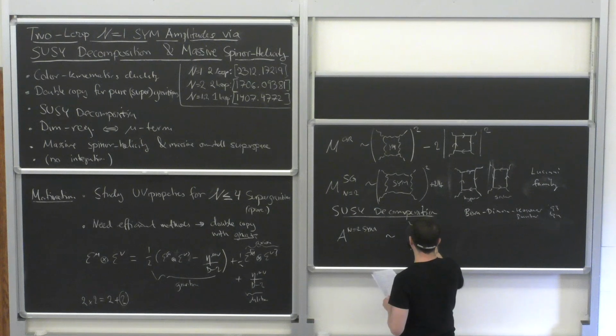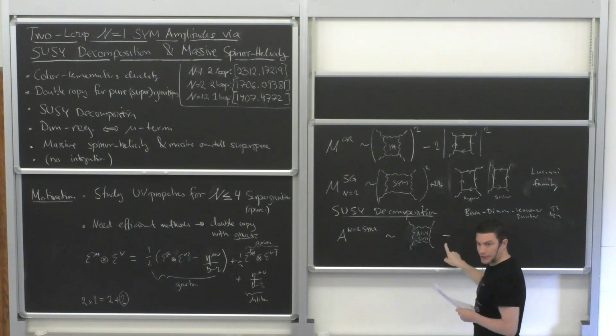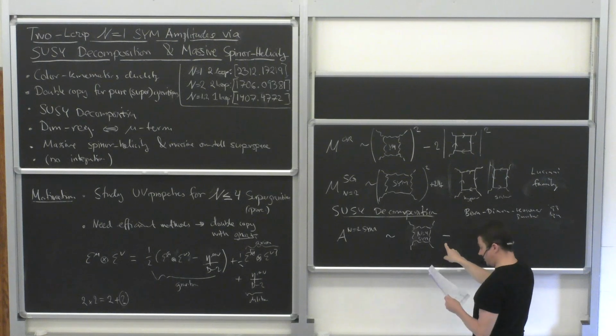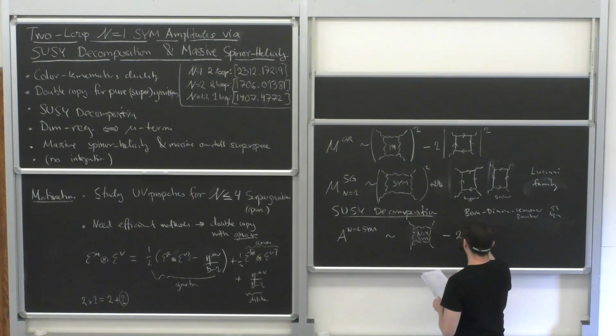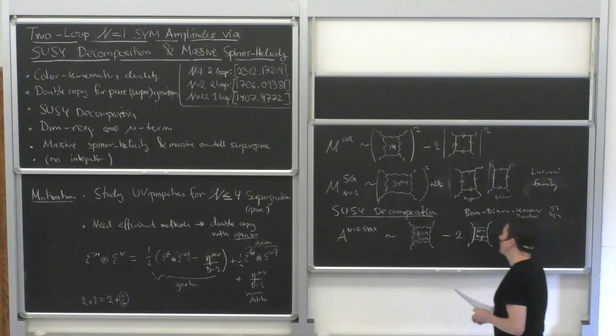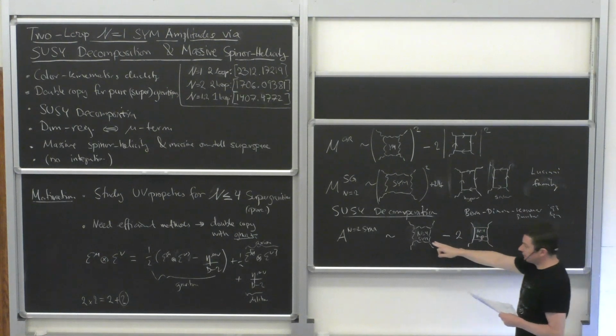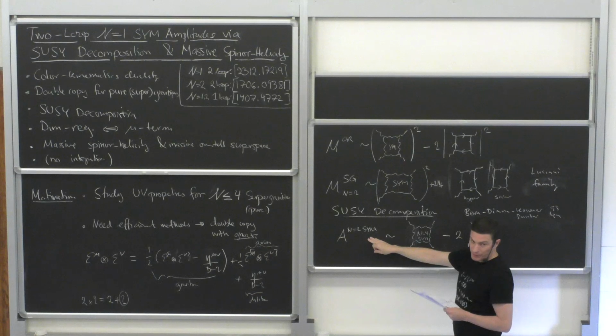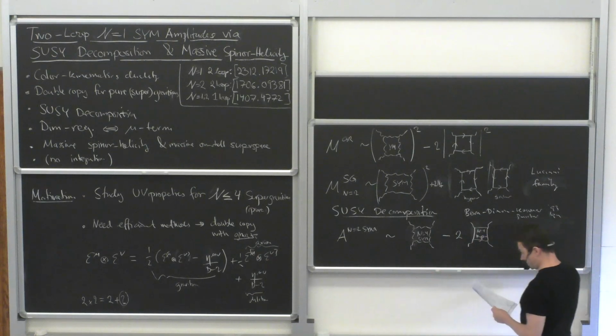So we start from n equals 4 super Yang-Mills, and then we can subtract the unwanted matter again. So we subtract 2 hypers in this case. So these are n equals 2 hypers. And then we get the right states for n equals 2 pure super Yang-Mills.